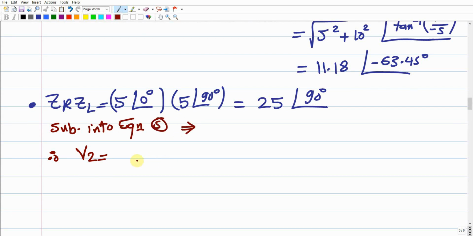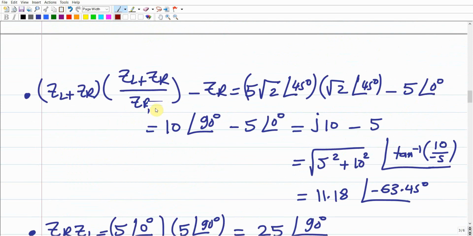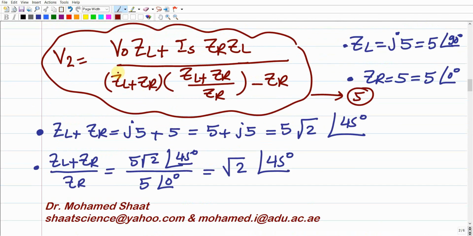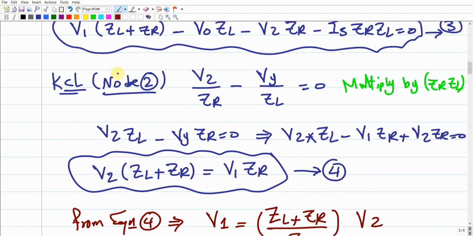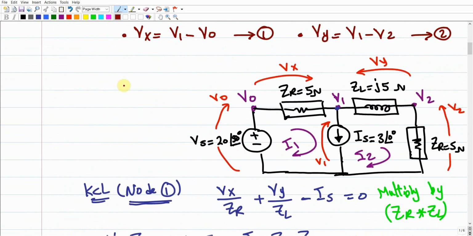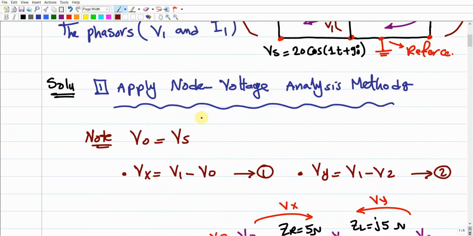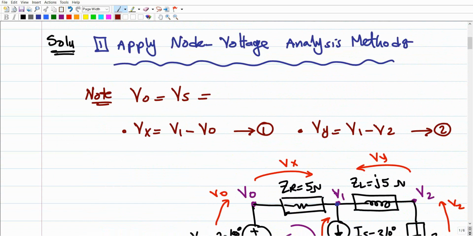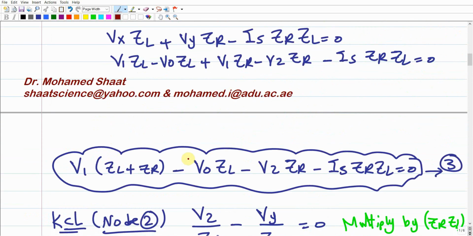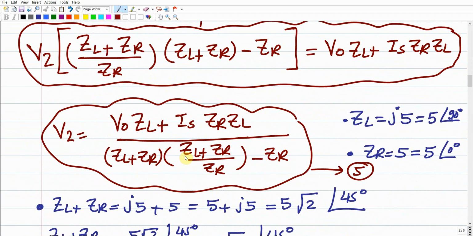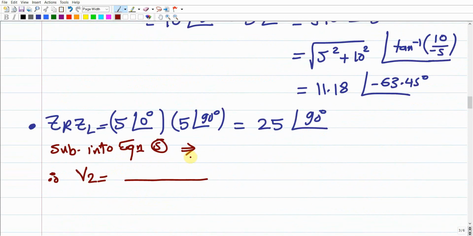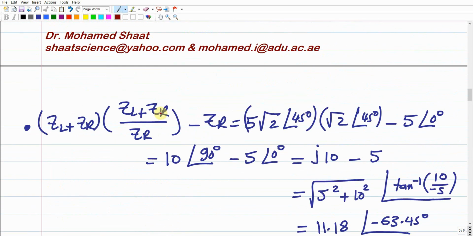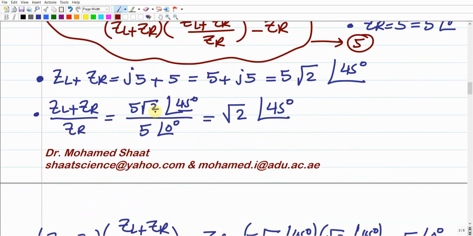In the numerator, we already have V0, remember. Now we are going to substitute for V0, which should be Vs as we mentioned, and Vs in the phasor form we already got here as 20 angle 90 degrees. So we substitute this value, 20 angle 90 degrees, this is V0, times ZL.